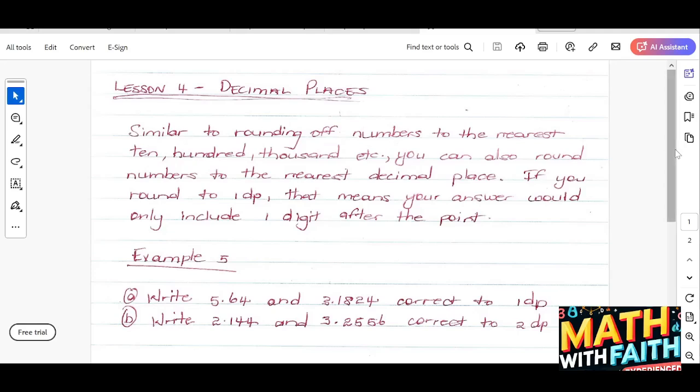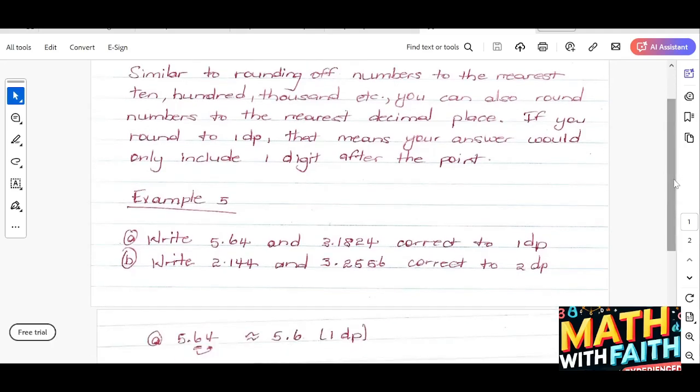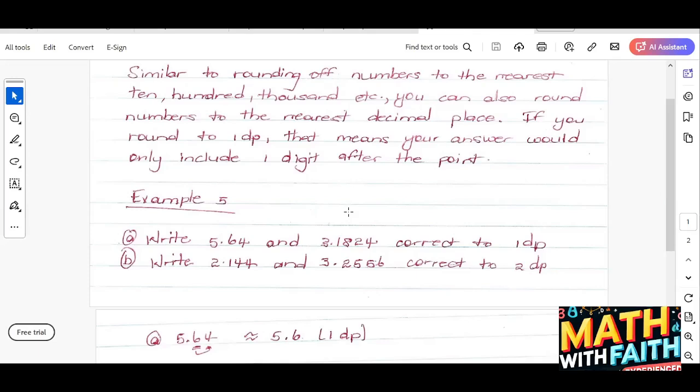So let's look at our examples here. Just give you a little time to look at your example and then take it in. In our example, we have 2 things that we have to do. The first one is to round off to 1 decimal place.